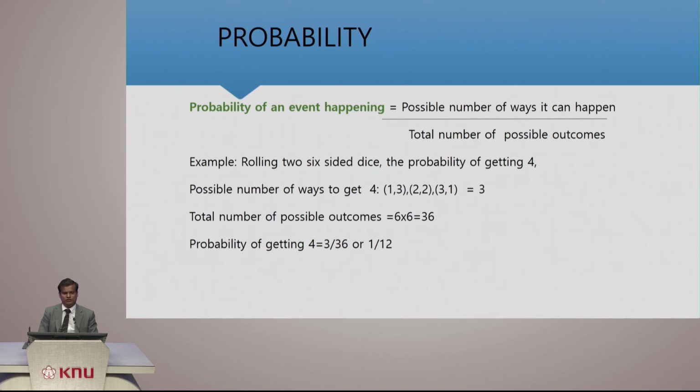The total number of possible outcomes is 6 times 6, which is 36. So the probability of getting 4 equals the number of ways it can happen, 3, divided by the total number of possible outcomes, 36. In other words, it's 1 by 12.